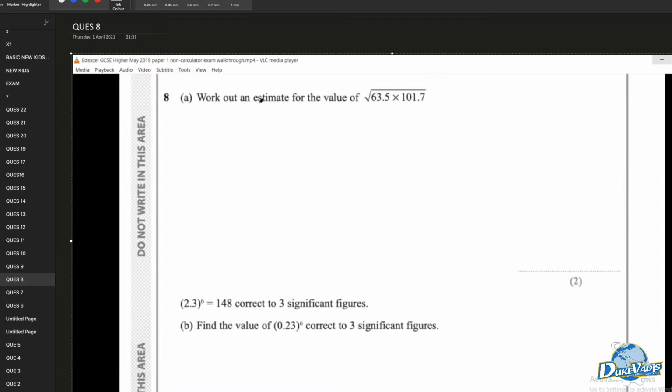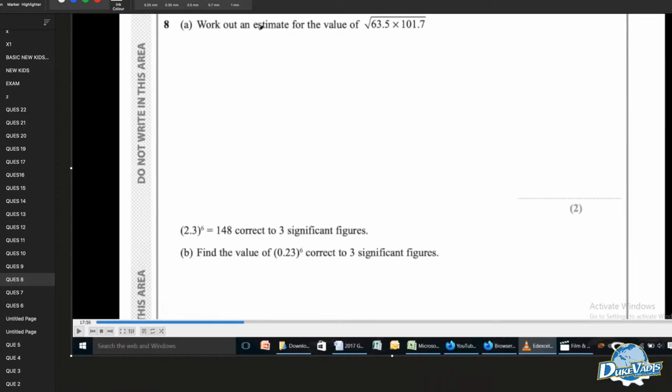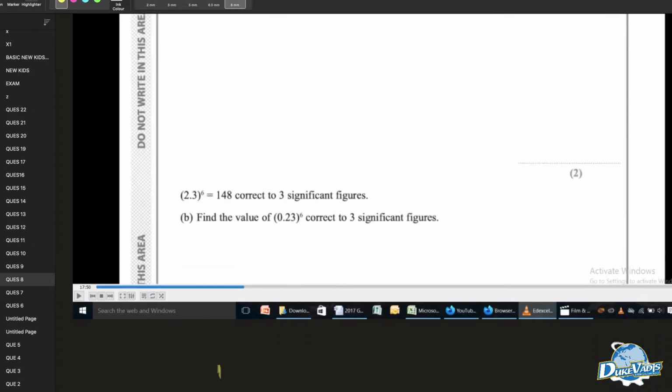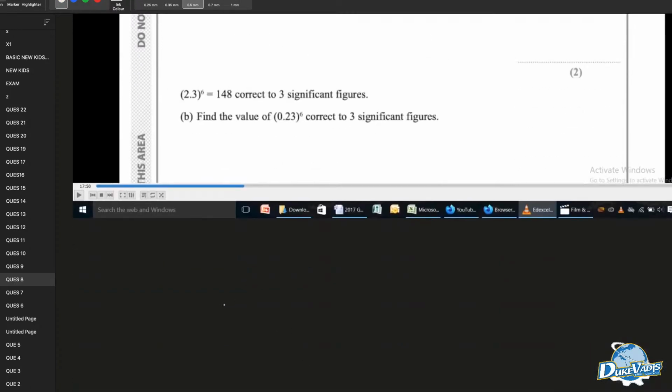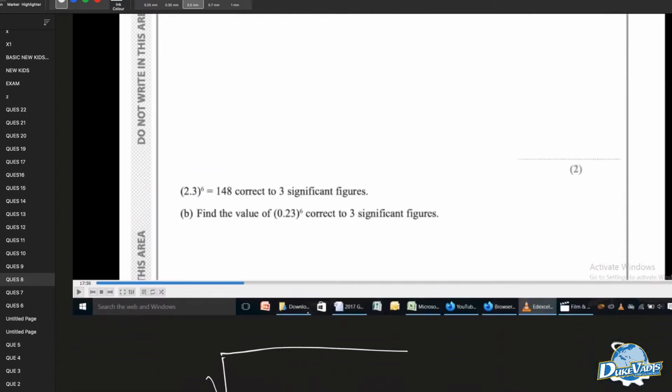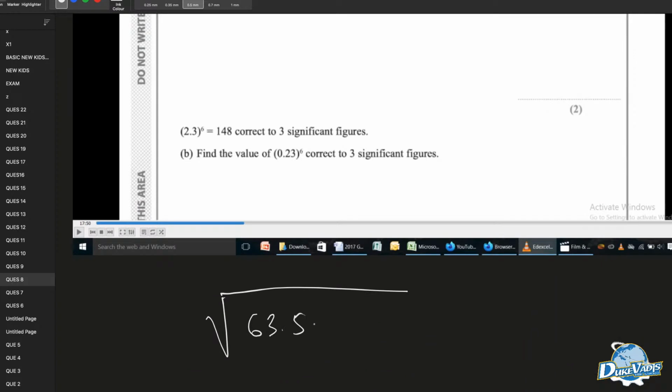So how do you work out the estimate? Let's go and see. So now we have the square root of the value 63.5 multiplying 101.7.